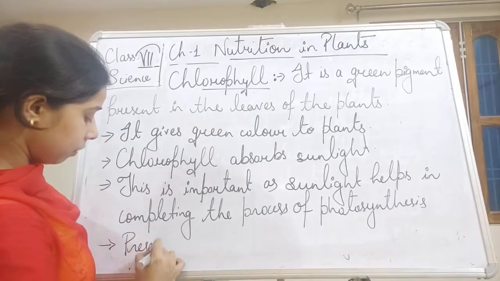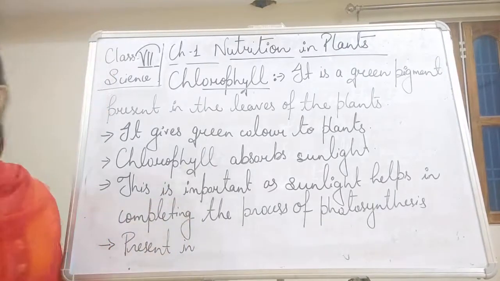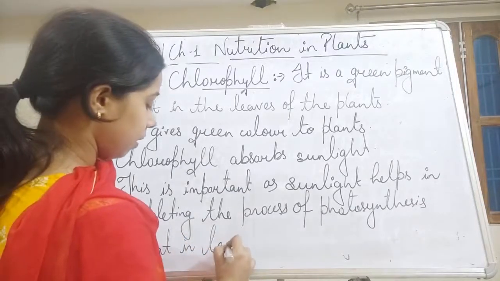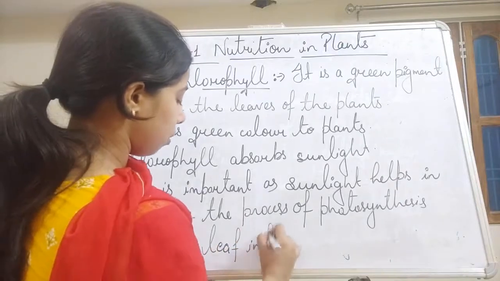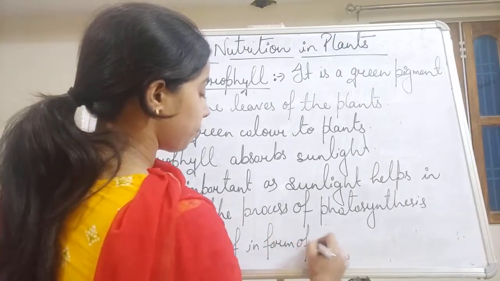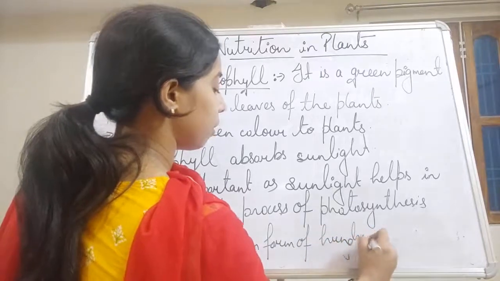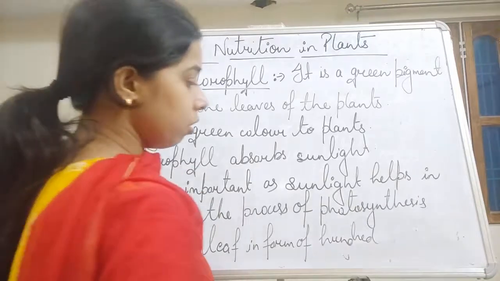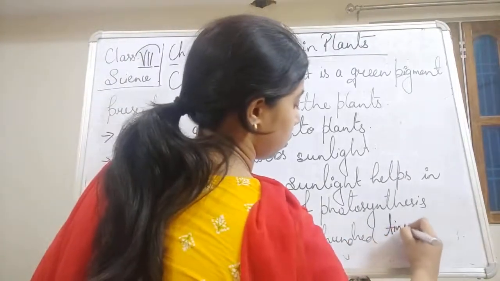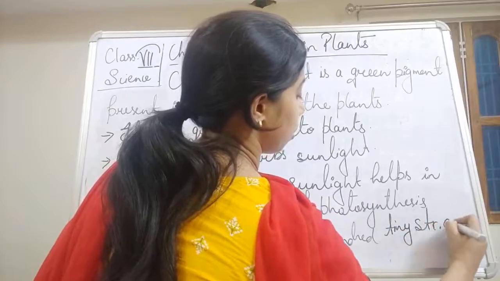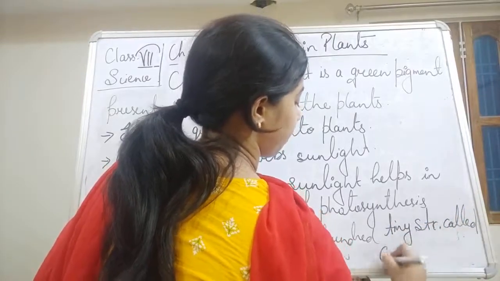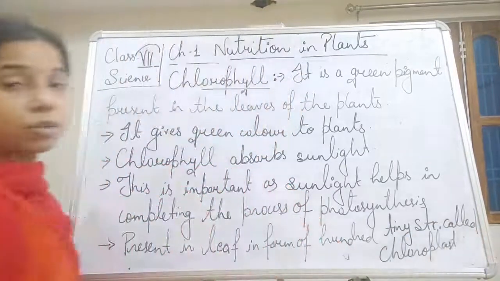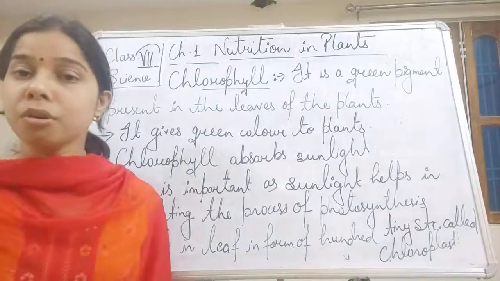Present in the leaf in form of tiny structures called chloroplast.